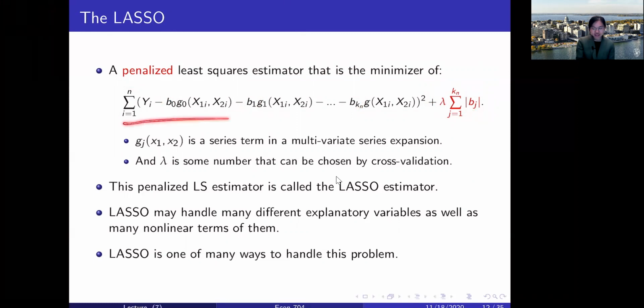And what this particular penalization does is to make a lot of the b's zero and some of them non-zero. And this penalized least square estimator is called the lasso estimator. And there are other machine learning estimators as well, but lasso is one of them. It's quite commonly used.